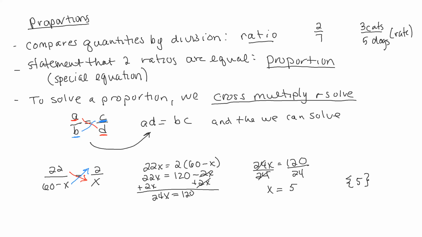Okay, let's look at a couple of word problems with proportions. So the first word problem that we have, we're dealing with property tax on a house. So property tax on a value of $250,000 is $3,500.